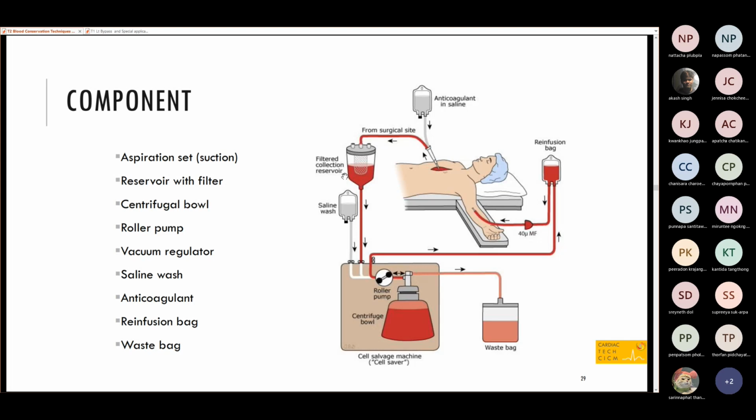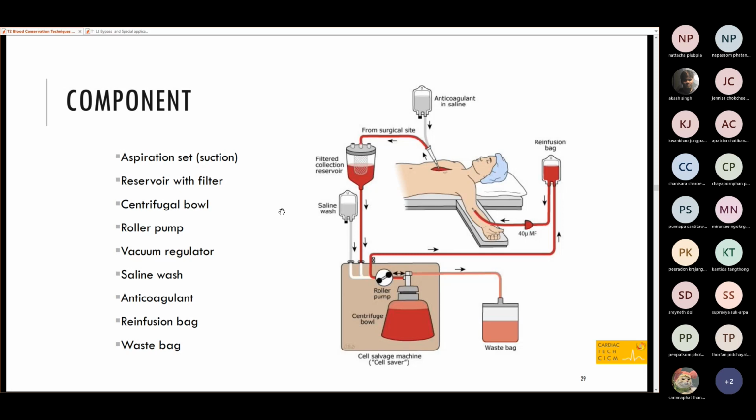The reservoir is there with the filter here to avoid debris. Okay, the centrifugal bowl is here. The roller pump draws the blood from the reservoir and also from the saline, and it can also be opened to draw the blood to refill back here.